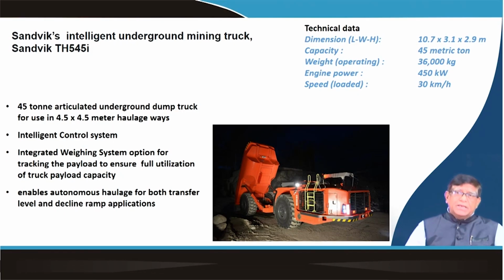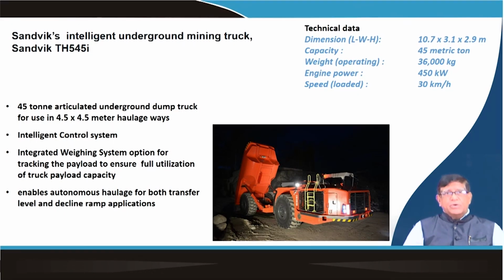To use this machine in an underground mine, the roadway dimensions should be 4.5 meter by 5.5 meter, that is, the height of the roadway is required to be 4.5 meter, since the machine's height is 2.9 meter. It can also dump underground with its box elevated.